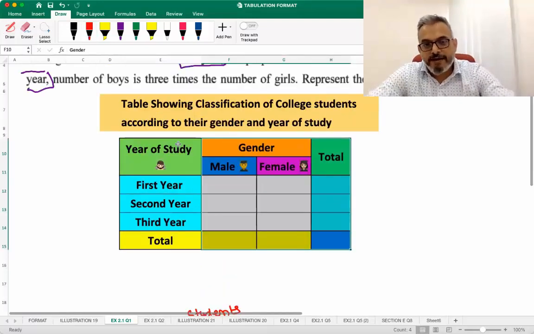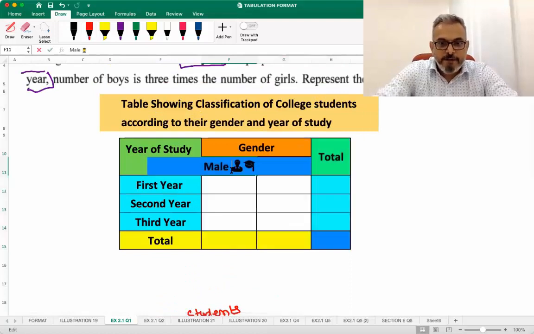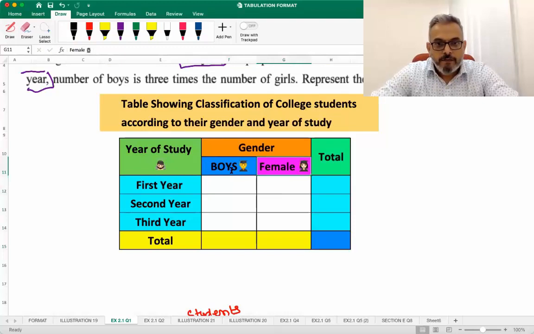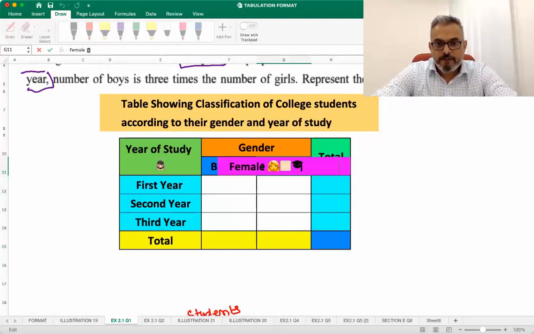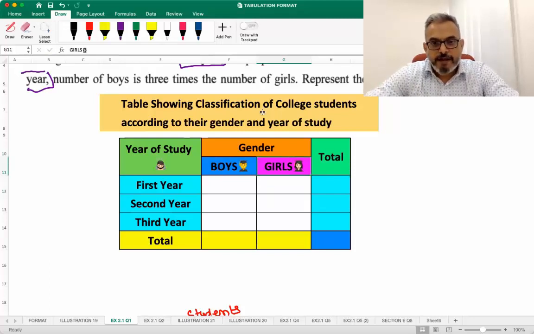Okay. Now, first, let's write the heading. So table showing. Okay, I'll change it to boys and girls. Table showing classification of college students according to their gender and year of study.